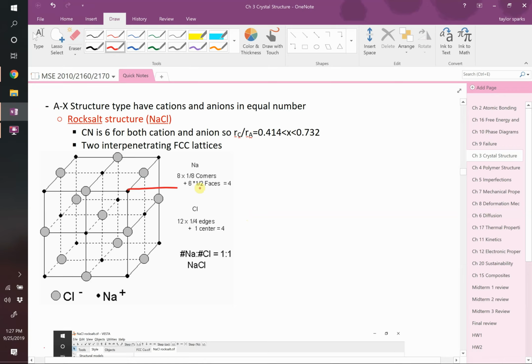Let's draw another unit cell over. If we draw another unit cell over, it would have the anions in red. They also form a face, right? Or in other words, you could draw another unit cell like that, and it would look like a face-centered anion. You guys see that? In other words, these are two interpenetrating face-centered cubic lattices. Okay?